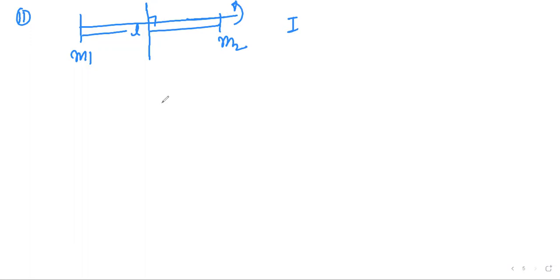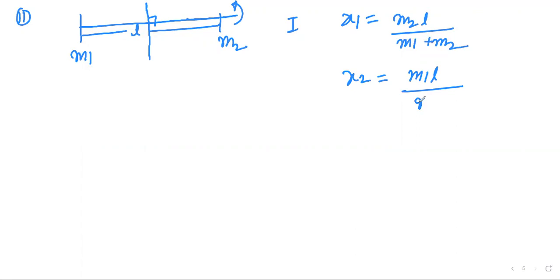So we can find the x1 value, that is given by M2 L divided by M1 plus M2. Next is x2, that is given by M1 L divided by M1 plus M2, right? As we know, moment of inertia is defined as M1 x1 square plus M2 x2 square.